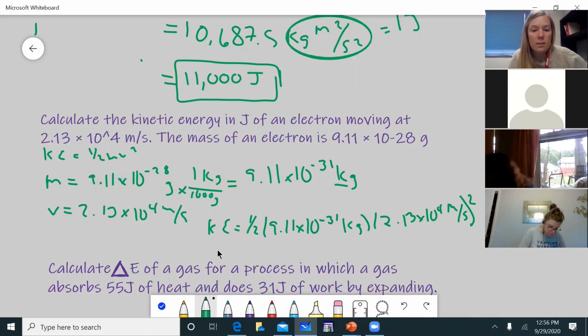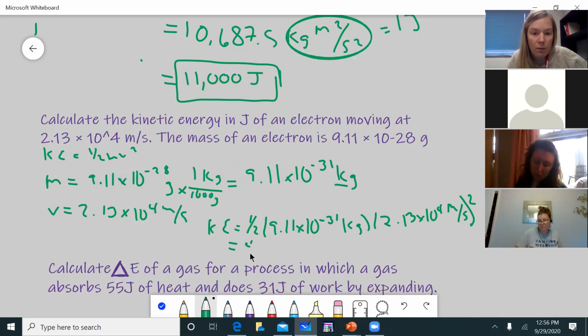I get a relatively small value when I round to 3 sig figs. I'm going to get 4.13 times 10 to the negative 22. And the units on this are kilograms, meters squared per second squared.